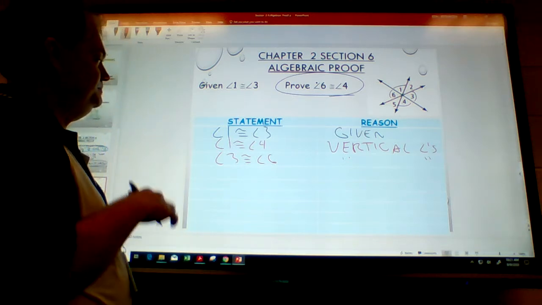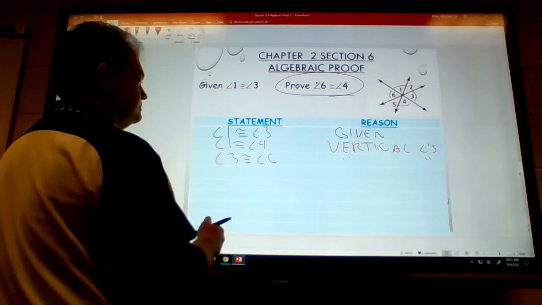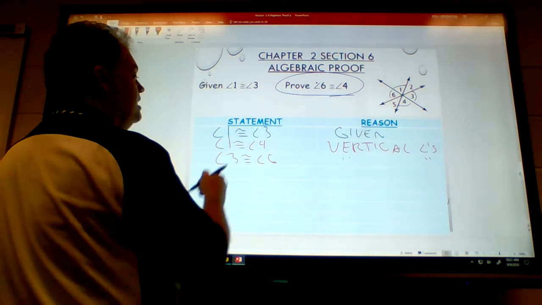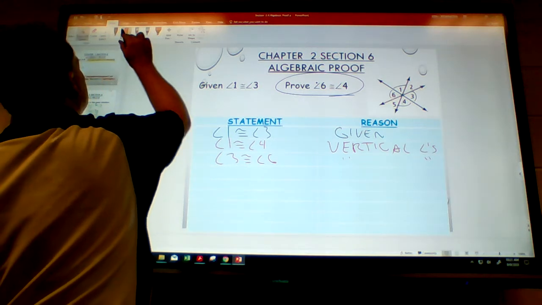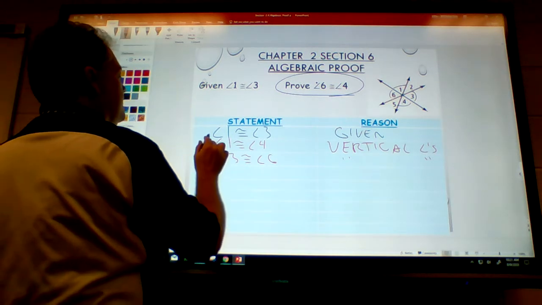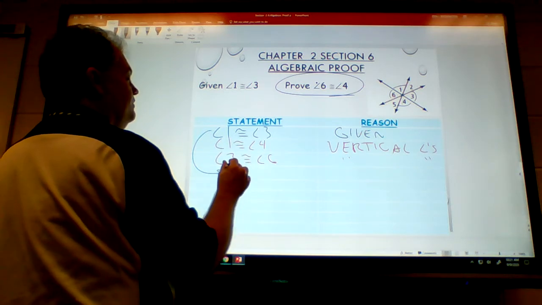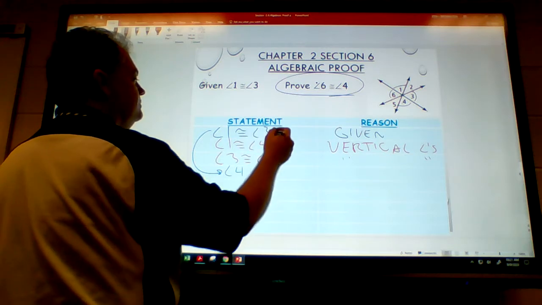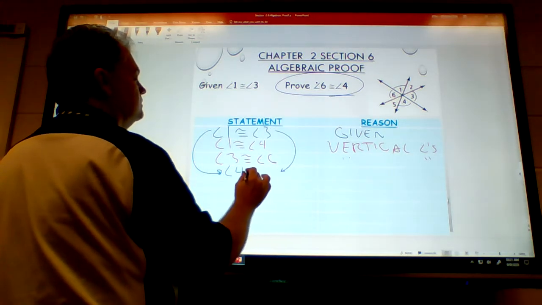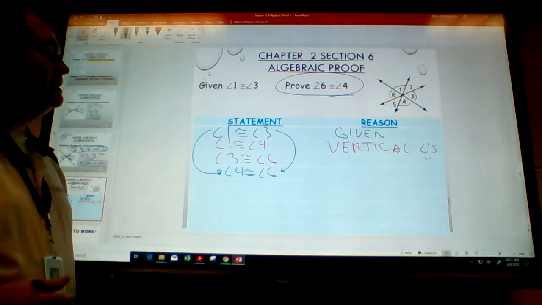So here's one thing we know: angle 1 is congruent to angle 4. Now I'm going to take this statement right here and move it down here, but I'm going to replace angle 1 with angle 4, and replace angle 3 with angle 6. And that is by substitution.